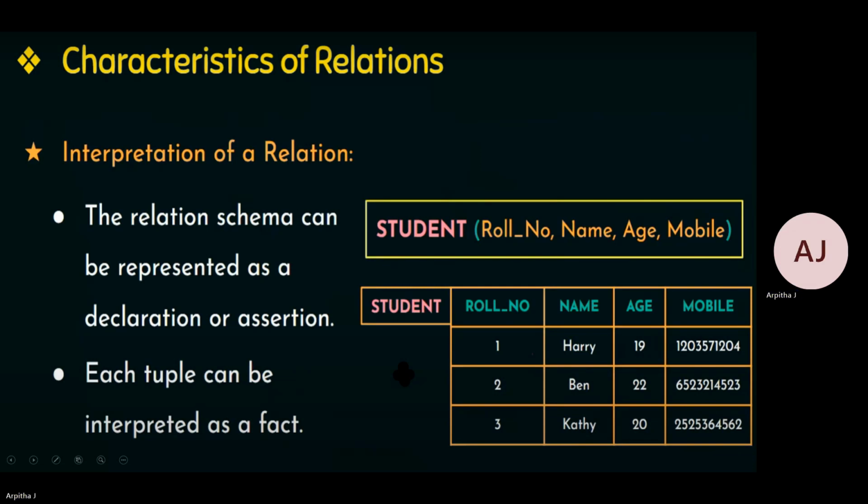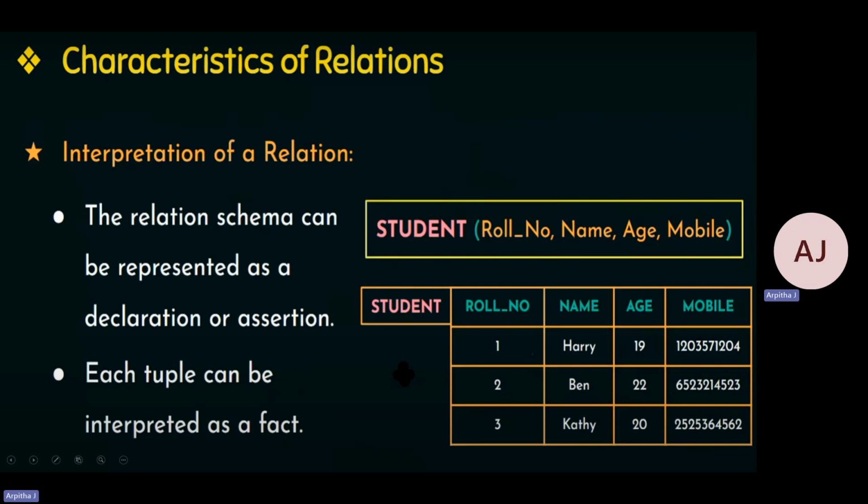Fine. Next is each tuple can be interpreted as a fact. That means once you add the data, you can read it very easily. Here I have added for a student table, name has been added. Once I know the data, I know his age, 22, his mobile number.